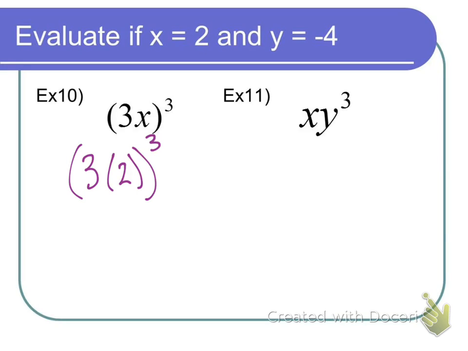In parentheses. Inside the parentheses, what's happening with this 3 and this 2? Multiplying them. 3 times 2 is 6. And then we have 6 raised to the 3rd power. 6 times 6 times 6 is 216. Good.